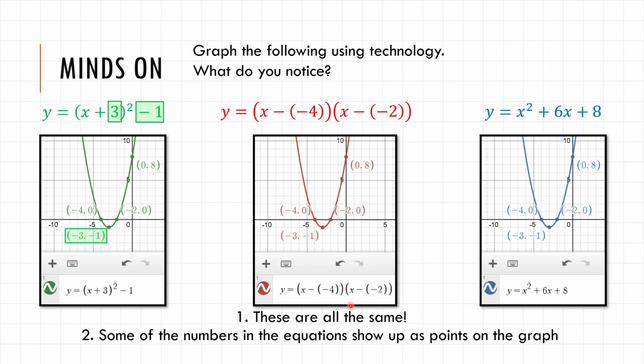In this form, I see -4 and -2 here, and I actually see those right here. Those are the x-intercepts. And finally, in my last one, I see that the y-intercept has this (0, 8) right here. The value of the y-intercept is 8. And I do see the number 8 in this equation.